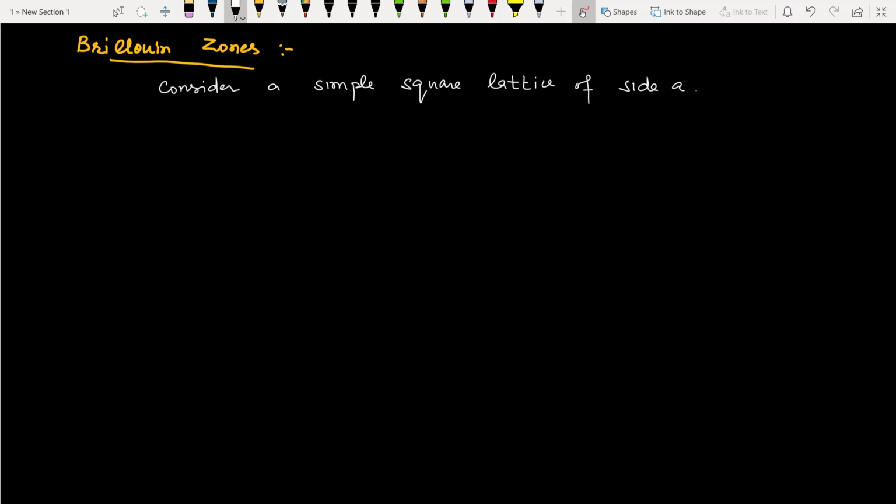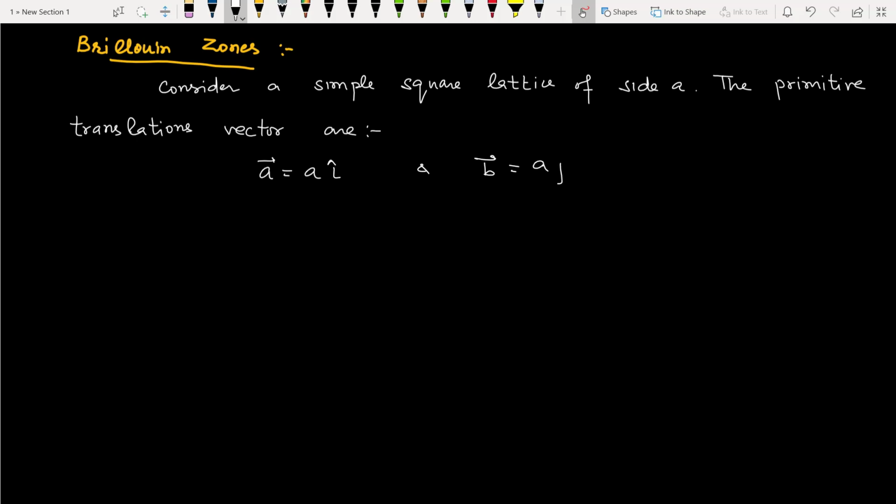The primitive translational vectors are as follows. As it is a square lattice, it is a two-dimensional lattice, so we will have two translational vectors. One is along the x-axis, another is along the y-axis.